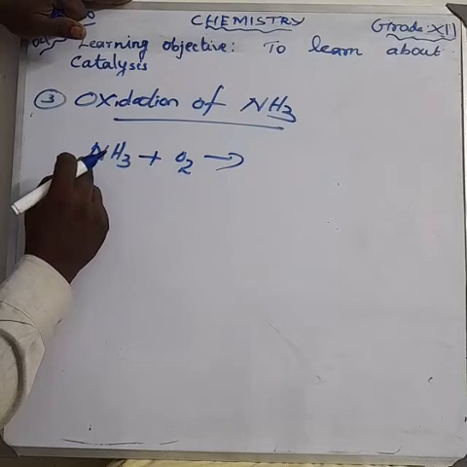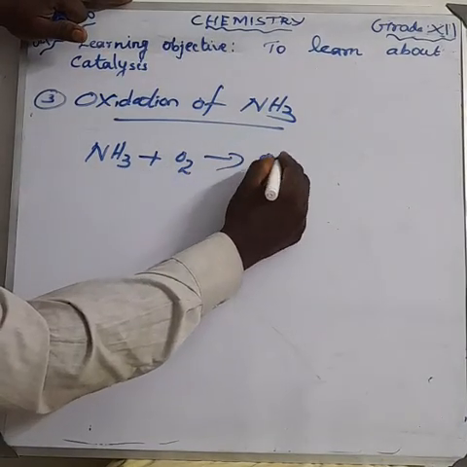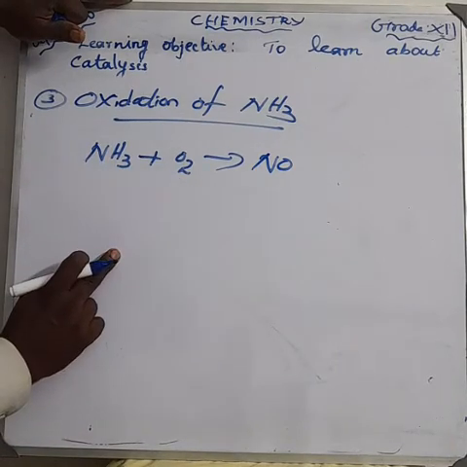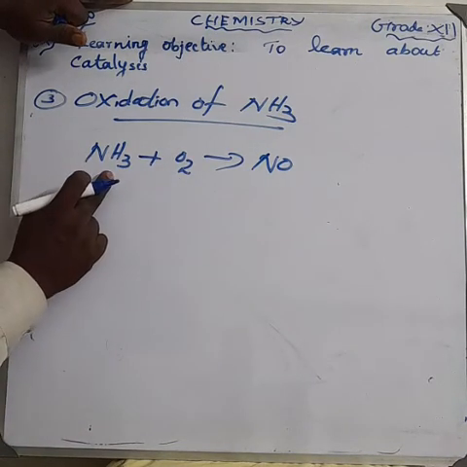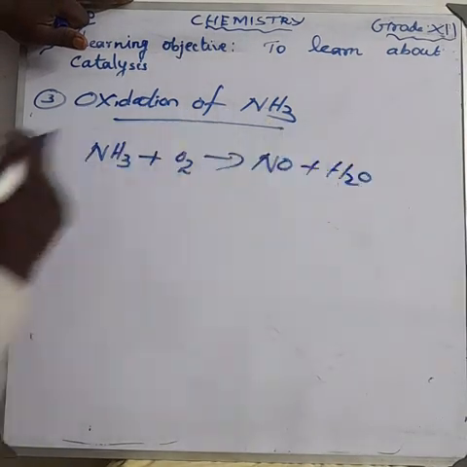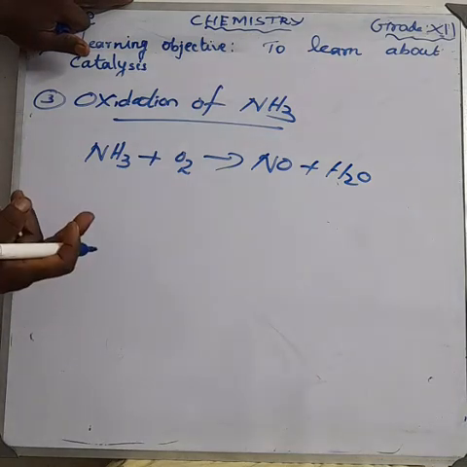Nitrogen combines with oxygen to form NO. Hydrogen combines with oxygen to form water. So how can you balance the equation? The easiest way is to use trial practice.